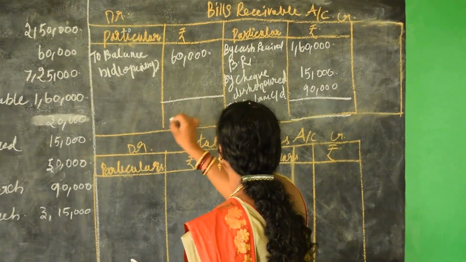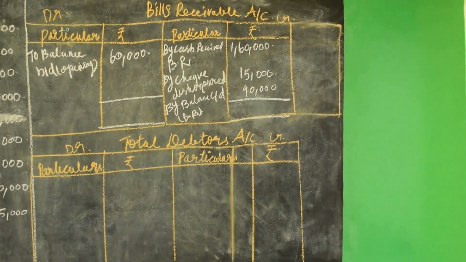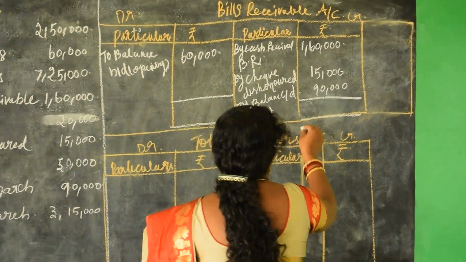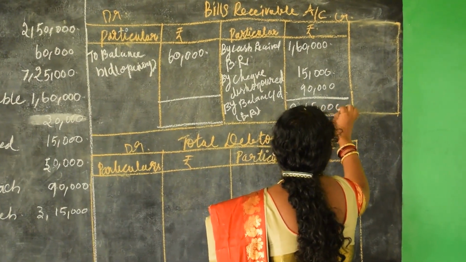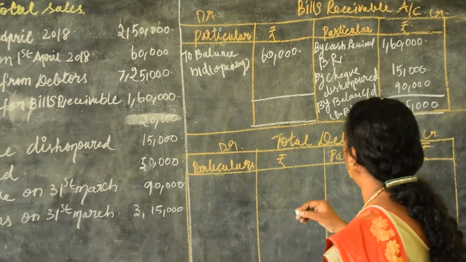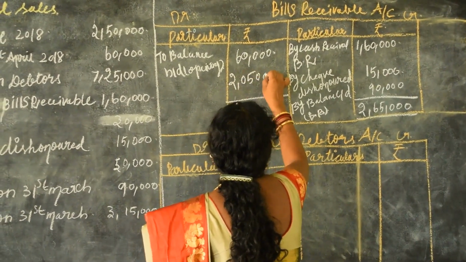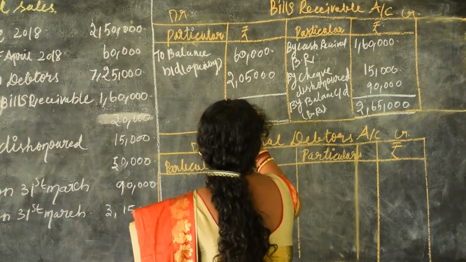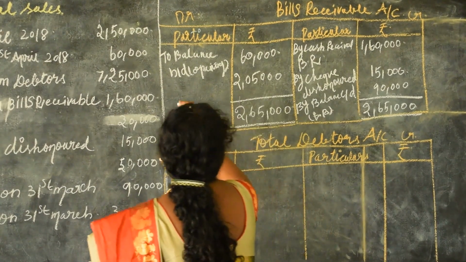Total this side, total this side, you will get 2,65,000. This side 60,000. Make a difference and you will get 2,05,000. Yes. So on both sides the total is 2,65,000.